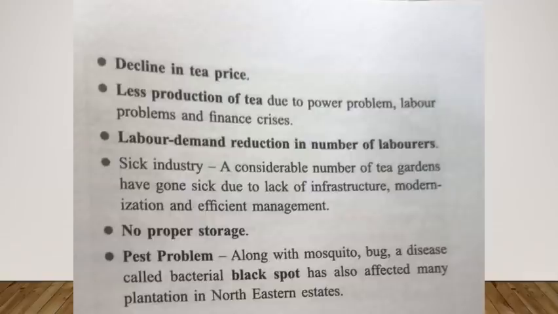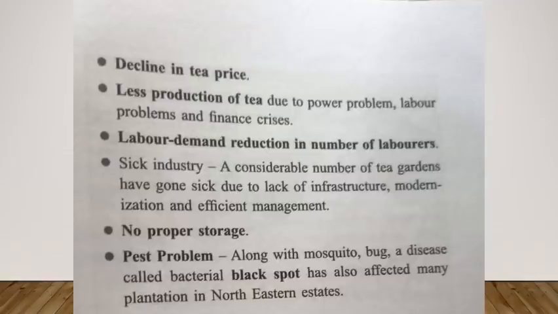Then lack of proper storage facilities. As a result, many of the tea leaves would get spoiled. Then pest problems along with mosquito, bug, and a disease called bacterial black spot have also affected many plantations, especially in northeast India.